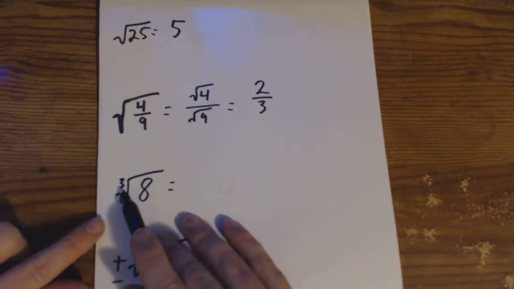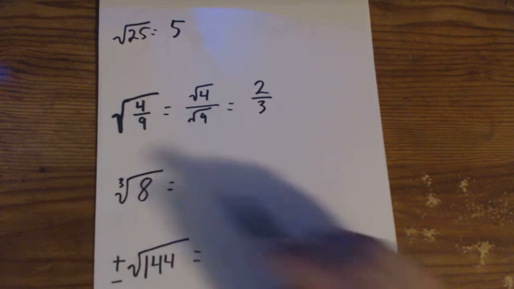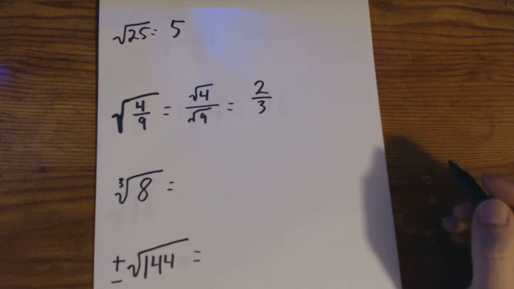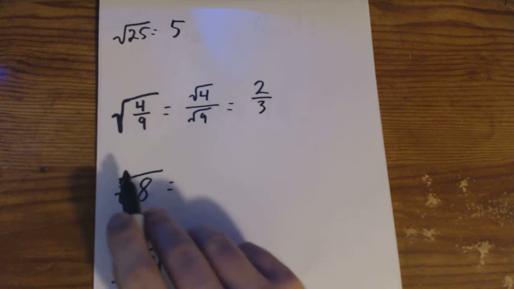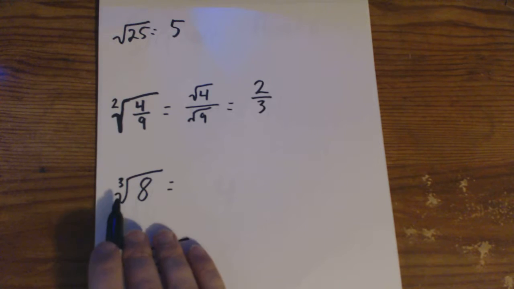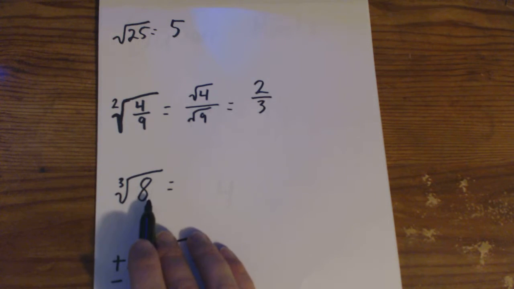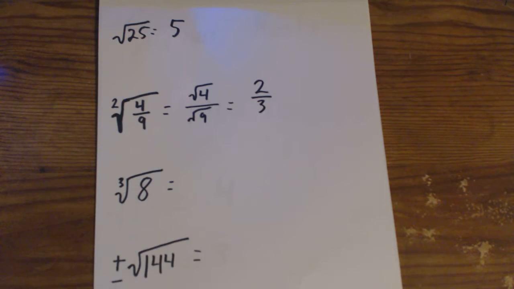Here's something we haven't seen. There's a little 3 here. All of these ones we've talked about are square roots. Just like when we have a power and there's no power shown, we know that it's 1, when we have this little radical and there's no number in there, we know it's 2, the square root. In this case, when there's a 3 here, we're looking for the cube root. What number times itself 3 times gives us 8?